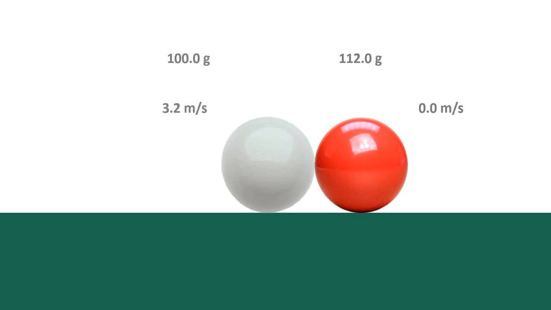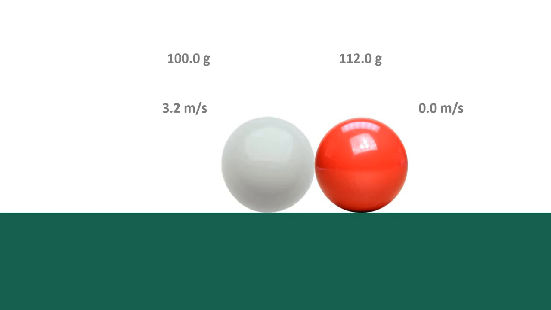Now, the cue ball, just to make things fun, has a mass of 100 grams, and at the moment of impact was travelling at a velocity of 3.2 meters per second.